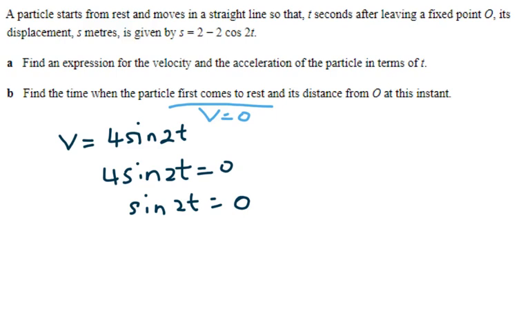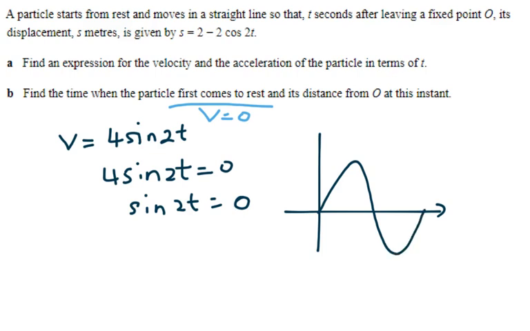If you remember the graph of sine, when t is equivalent to 0, the first value that you get is 0, the second value that you will get is pi, and the third value is 2 pi.